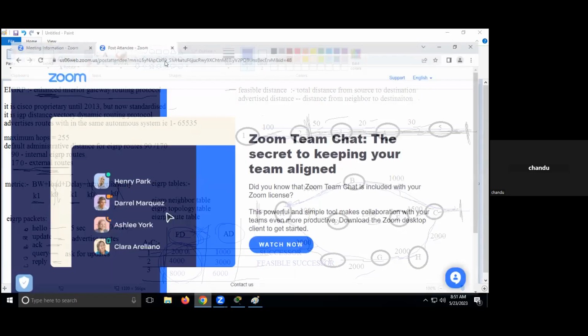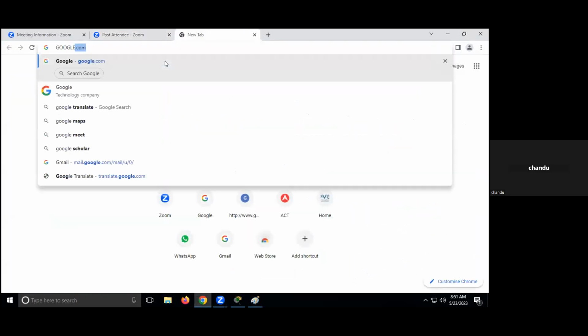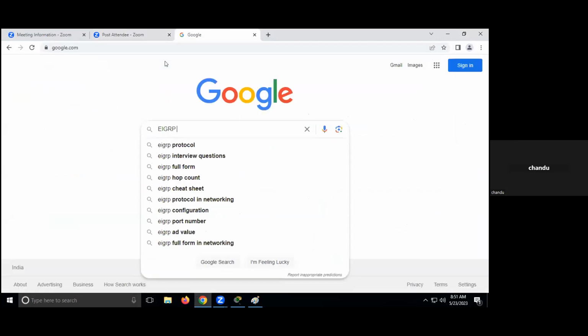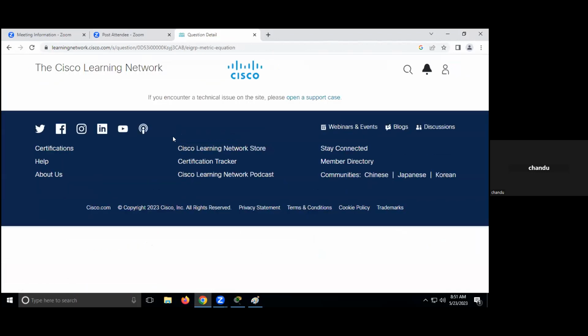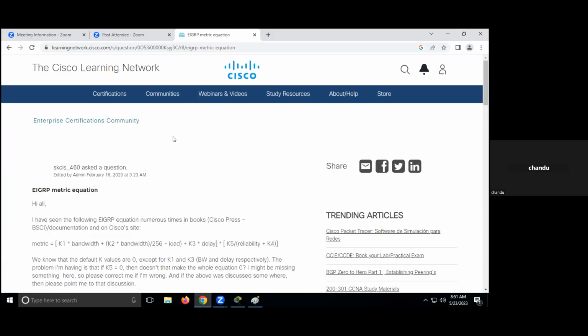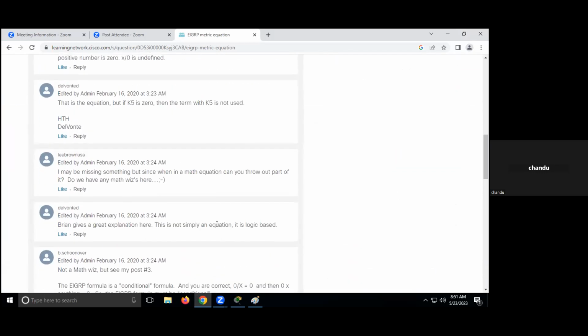But at a high level, if you search on Google, you will find the EIGRP metric calculation formula. There is bandwidth, and there are some other values as I said.